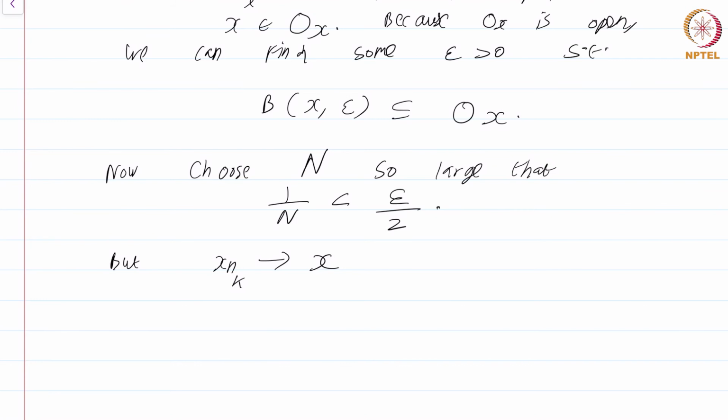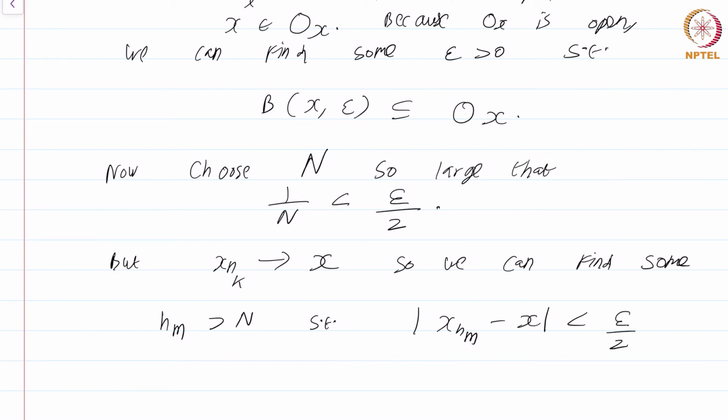But xnk converges to x, so we can find some nm greater than n such that mod x nm minus x is less than epsilon by 2, right?